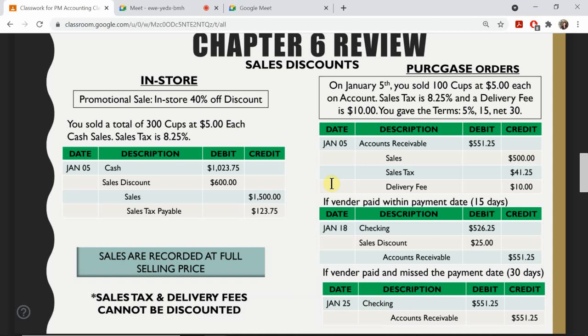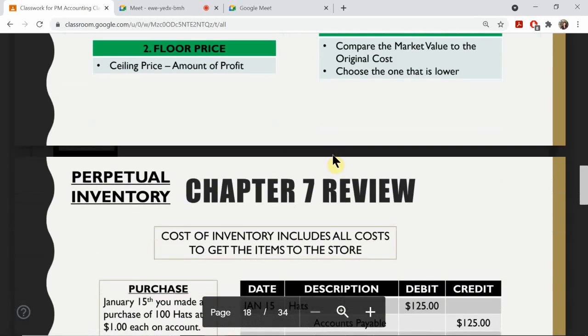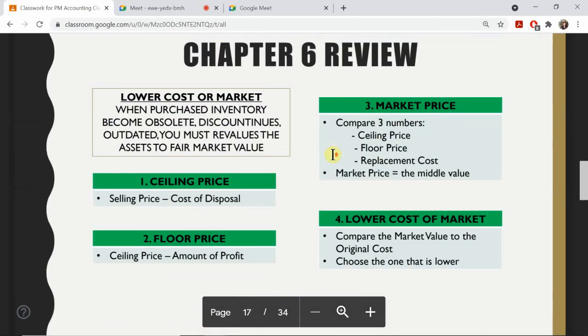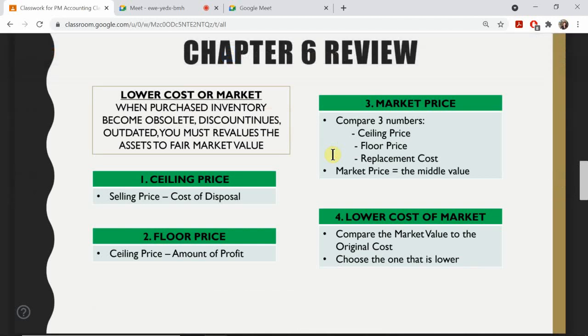Now, the only thing that you need to do is to be able to solve for the ceiling price and the floor price. Sorry, I'm on the wrong slide. You're going to need to know that section right here, where you need to know how to solve for the ceiling and the floor. Once again, the lower cost or market is going to be a comparison.